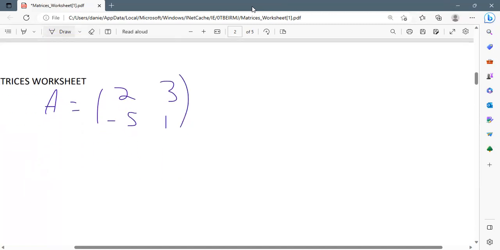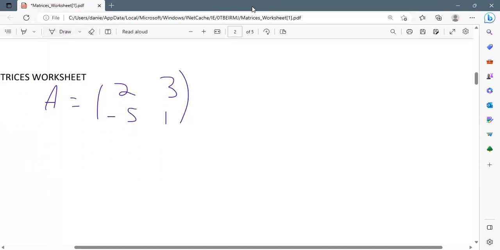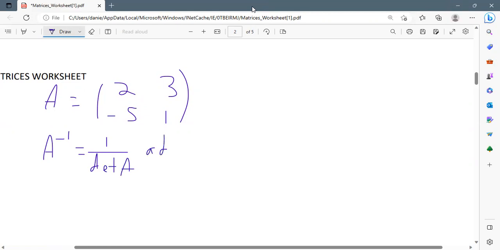All right, if you remember the equation for inverse, A inverse is equal to 1 over the determinant of A, times the adjoint of A. The determinant of A is equal to ad minus bc.